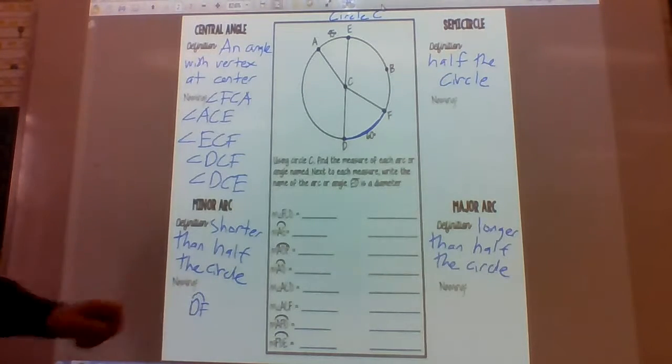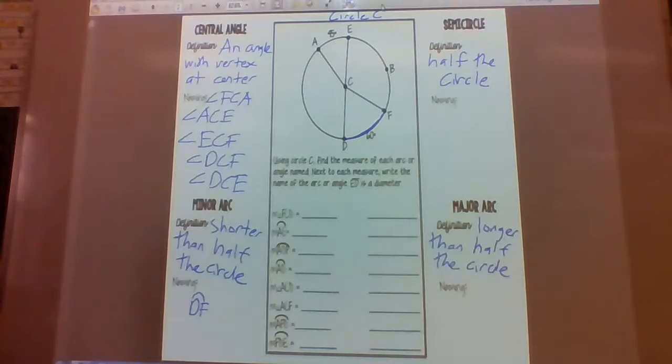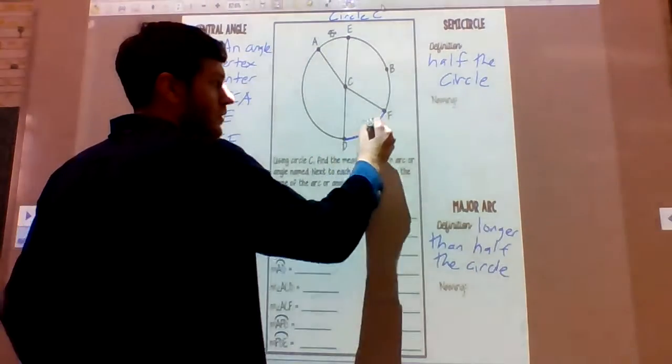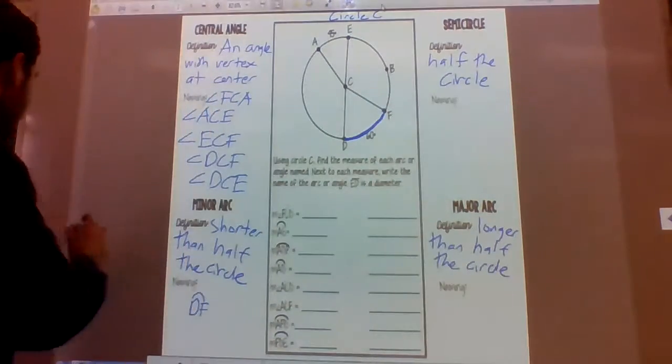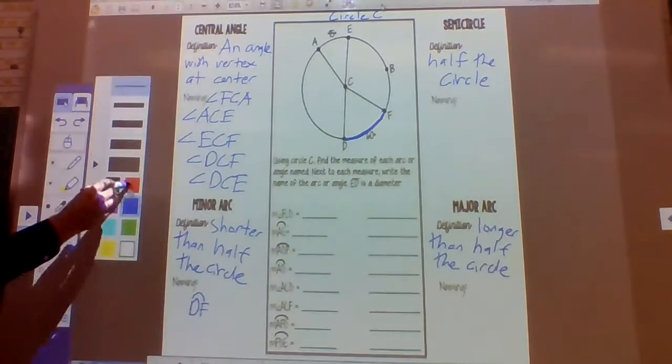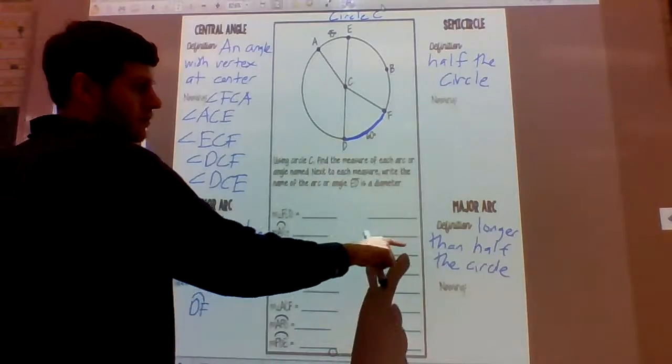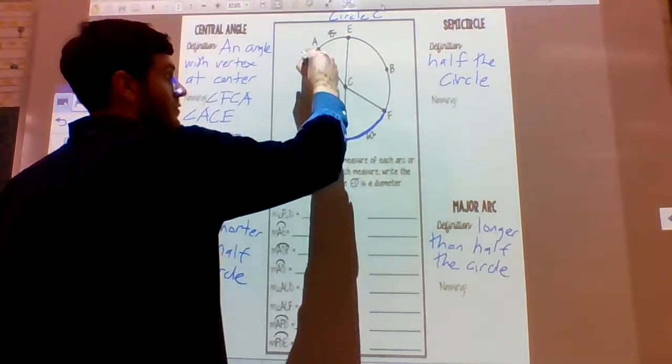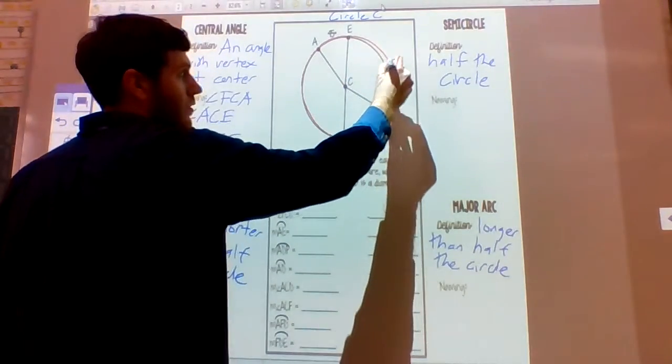But there are two ways to connect D and F. Here we have picked the shorter way, so less than half the circle. The other way to connect D and F is to use the longer part of the circle, going around the other way.